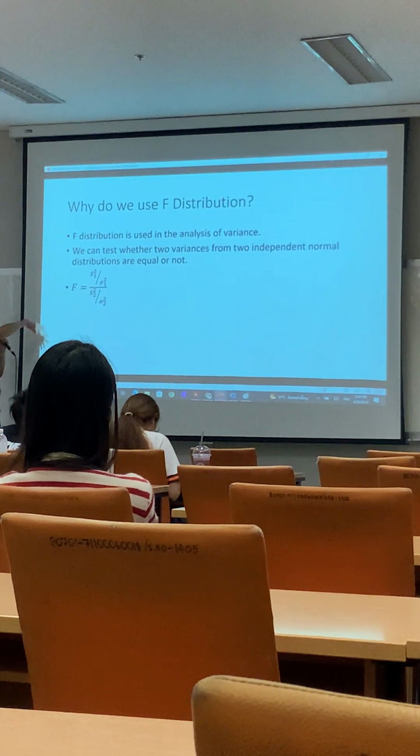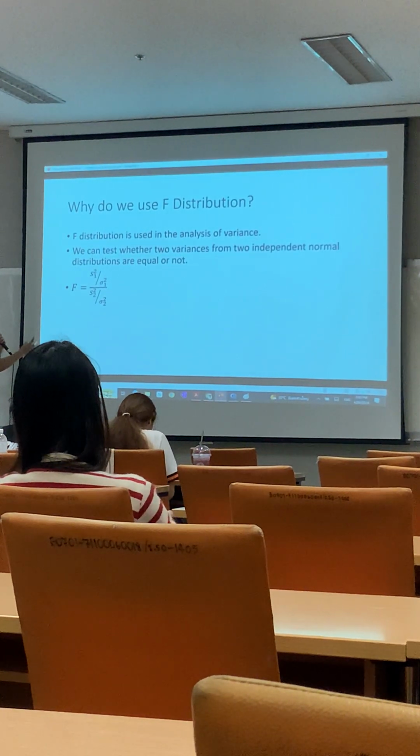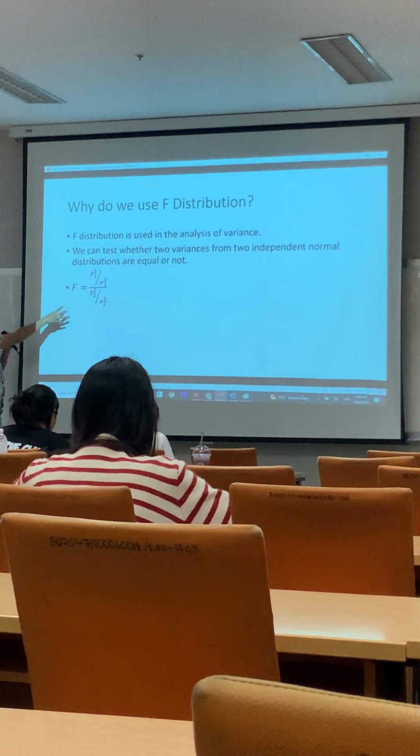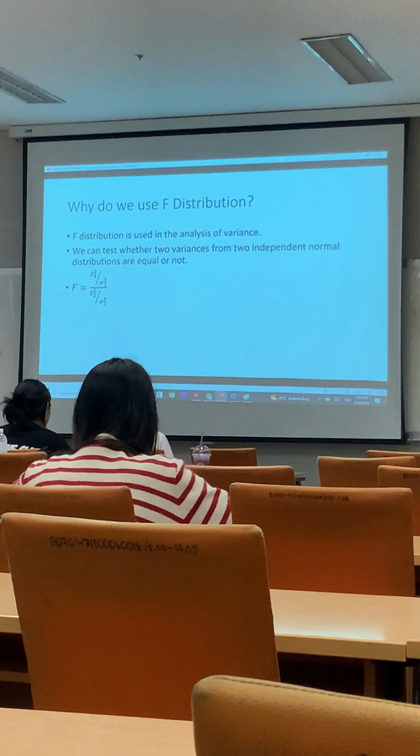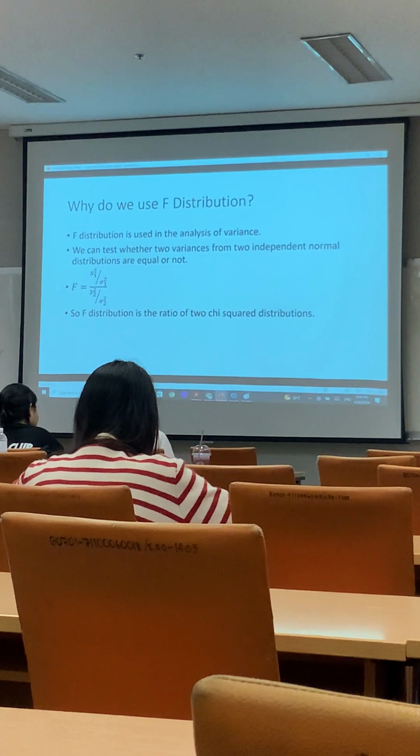So it's a ratio of two variances, and then we have F. Since the variance has the chi-square distribution, the F distribution is actually the ratio of two chi-square distributions. So you can see that all four distributions, Z, T, chi-square, and F, are related to one another. F distribution is the ratio of two chi-square distributions.